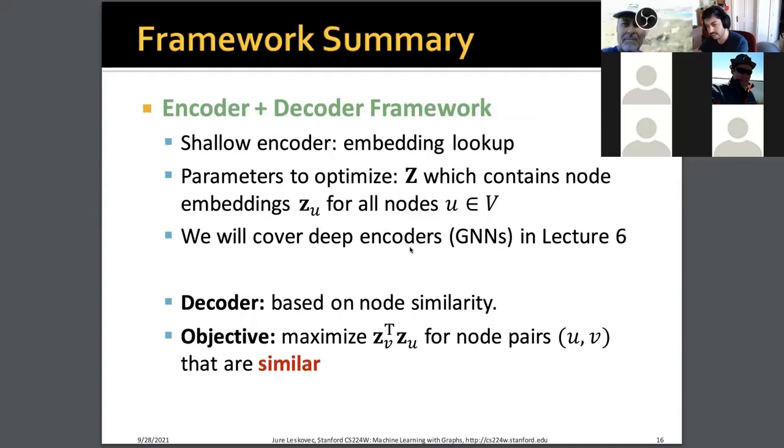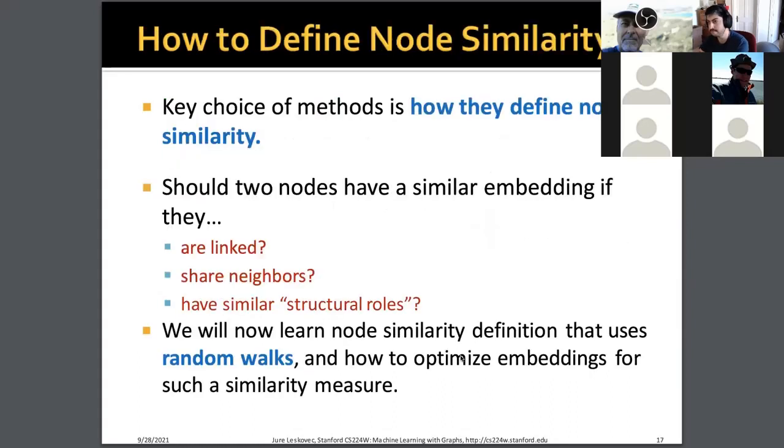We'll look at deep encoders later, but not this week. And then we can do various decoders, but in general, it seems like we'll just be looking at the dot product here. Our whole objective is to make it so that the vectors for nodes that are close end up close in this embedding space.